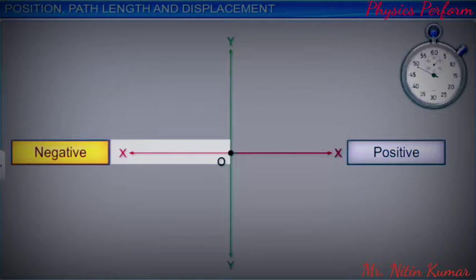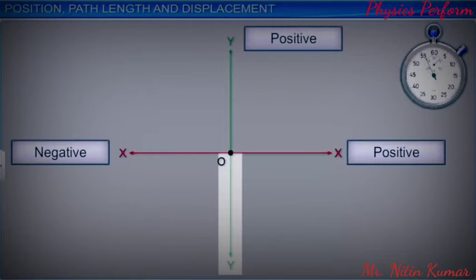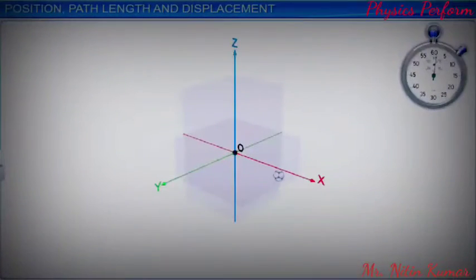Positions above O are taken as positive and below O as negative. With time, the position of the body changes and describes a path.